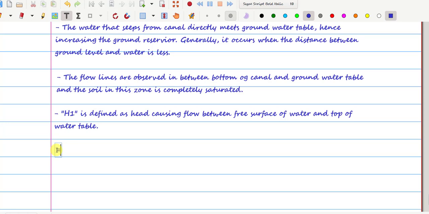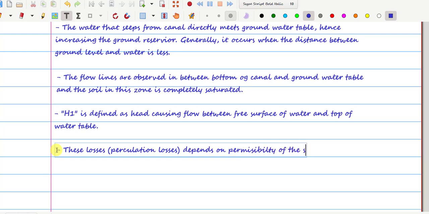And the last and most important point is that these percolation losses depend on the permeability of the soil.